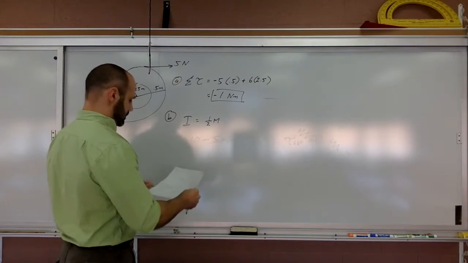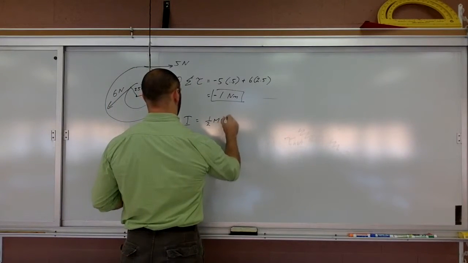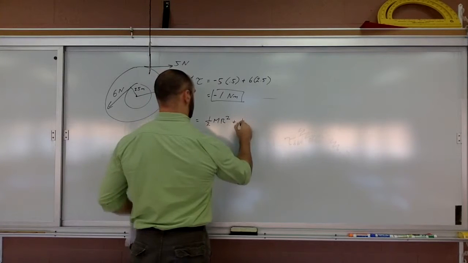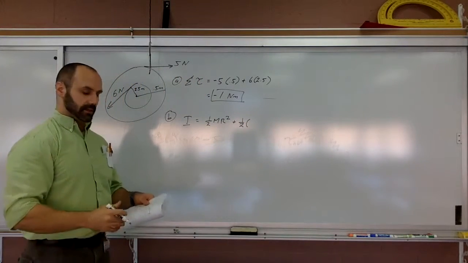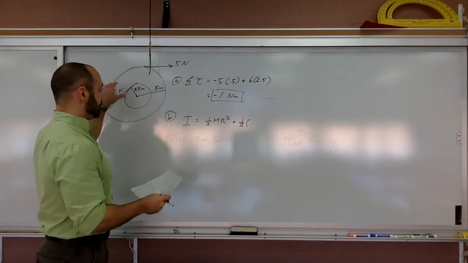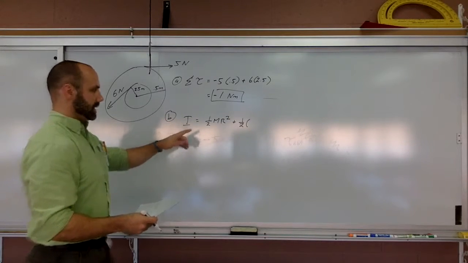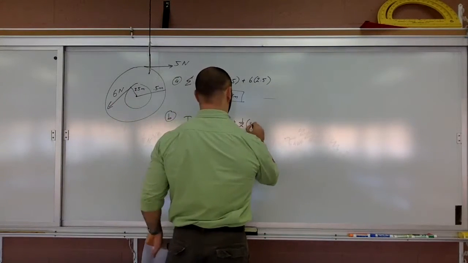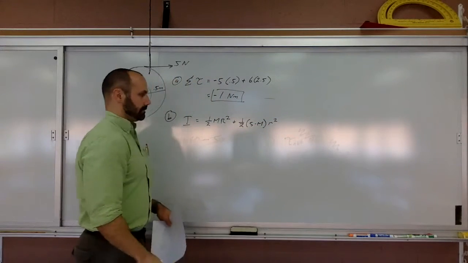I'm going to call this big R squared plus 1/2, and then the mass of this one is going to be 5 minus M, because the whole thing is 5 kilograms. And so that means 5 minus whatever the big one is, so 5 minus M, and I'm going to do little r squared.